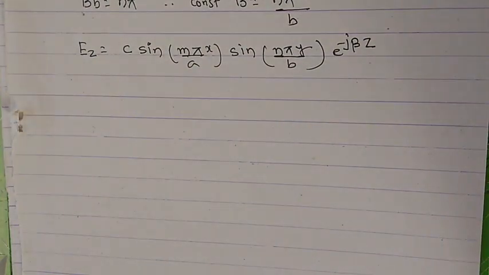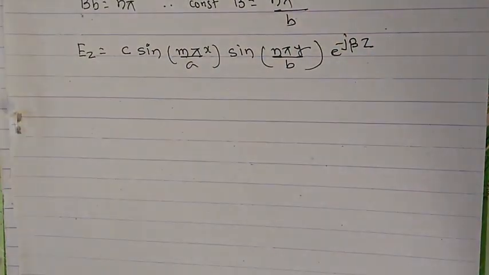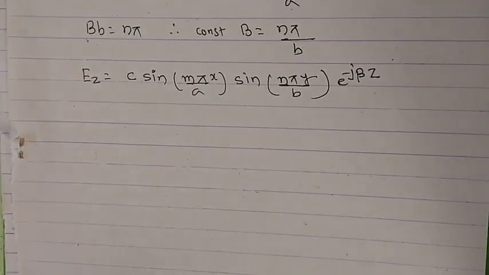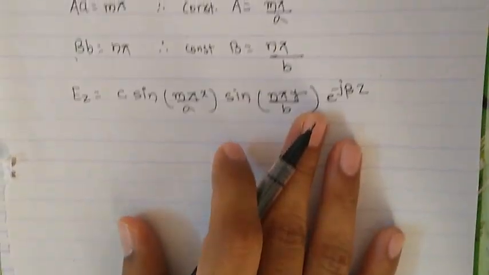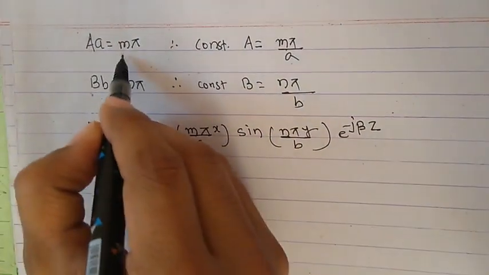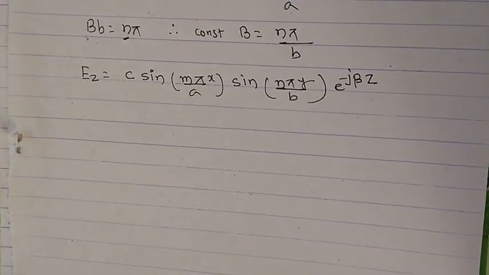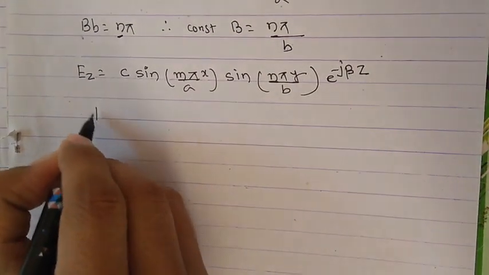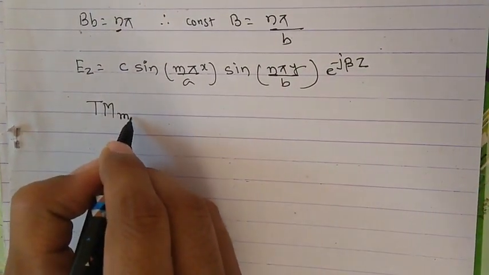Now we'll try to understand the most important aspect of wave propagation in a rectangular waveguide. What do you mean by these indices m and n? Let us say we are discussing TM mode, and these are the mode indices m and n.